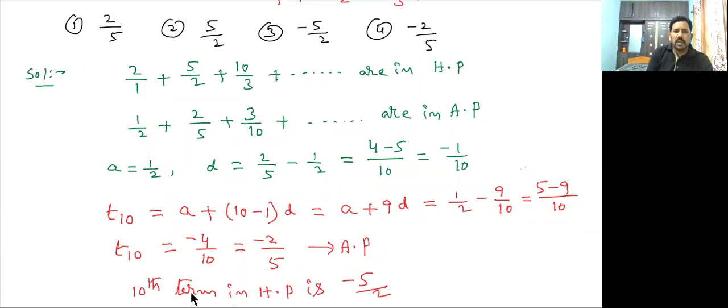The answer is minus 5 by 2. Students, see here minus 2 by 5 is also there, the fourth option. So the HP series given, we converted to an AP series. We got the 10th term in AP, but they are asking the 10th term in HP. That's why write the reciprocal, then identify the option.